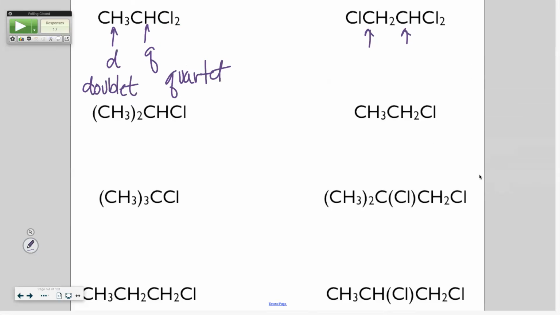How many neighboring hydrogens does it have? Just 1. So it should be a doublet. This one over here has how many neighbors? 2. So what do you think it's going to look like?